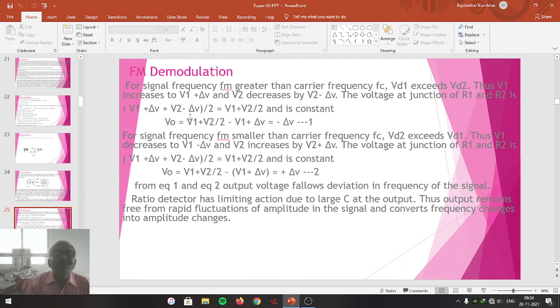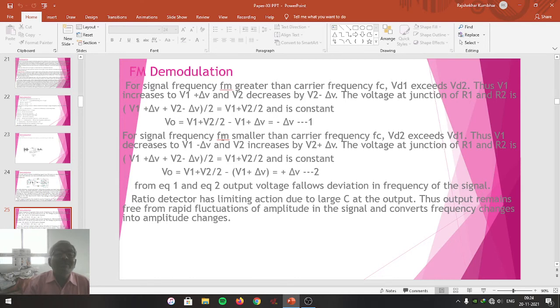Therefore, VO is equal to (V1 plus V2) upon 2 minus (V1 plus delta V), which comes to the value minus delta V.